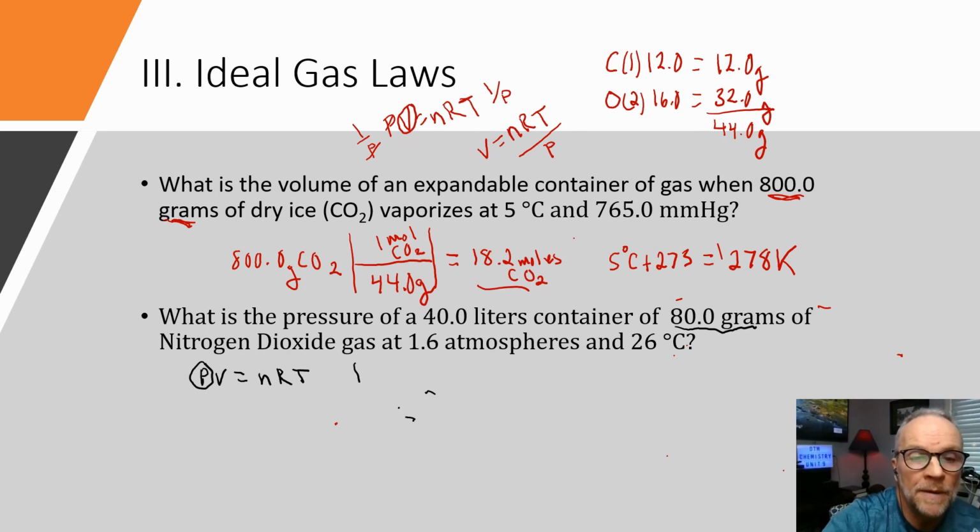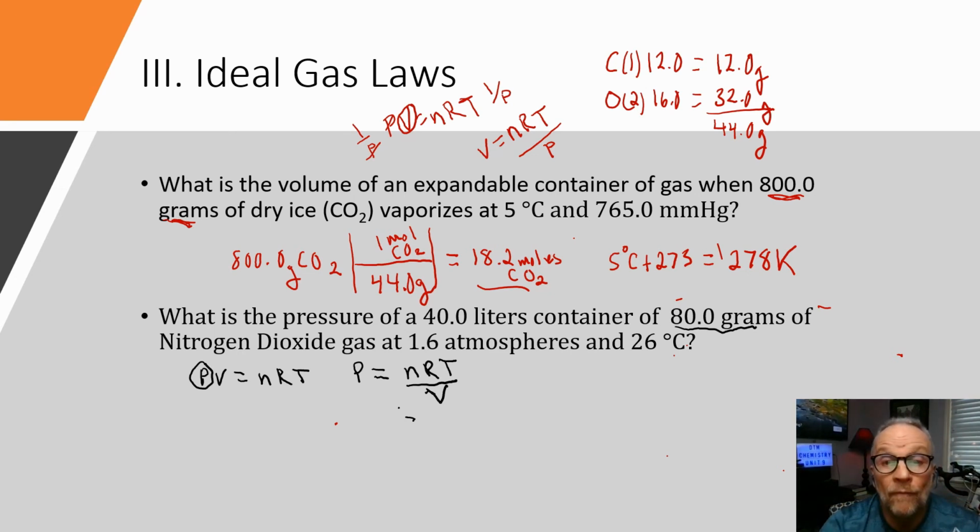So that's going to be P is equal to nRT over the volume. Okay. So we got 40 liters, which is very convenient because we don't have to change that in any way. The volume has to be in liters, so we're okay there.